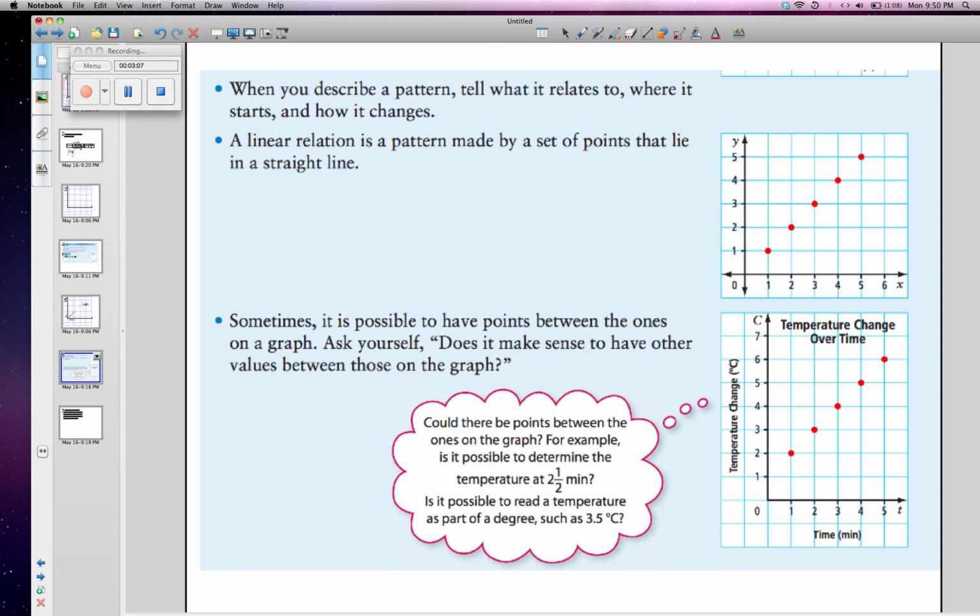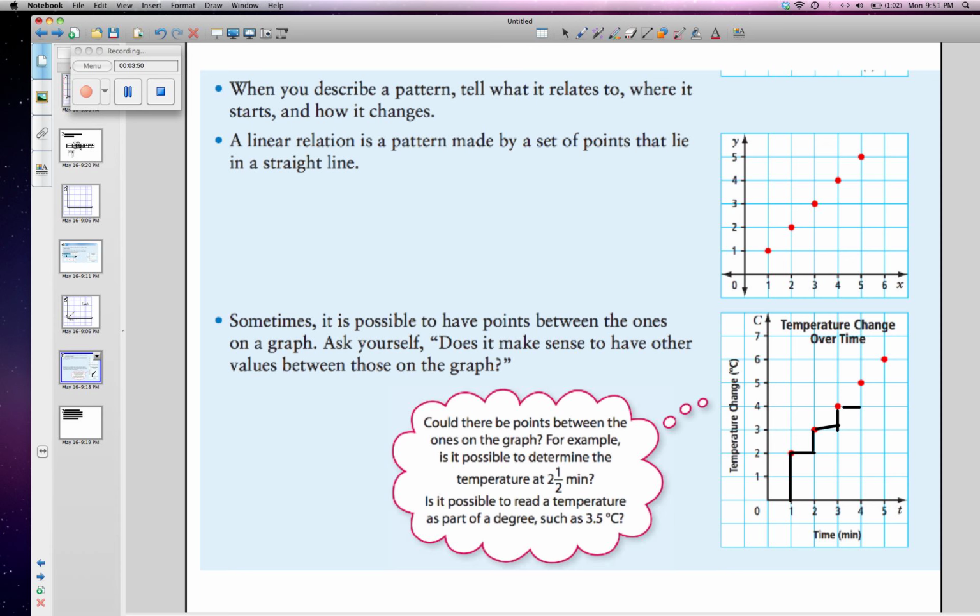But what is this line right here? If I draw a line straight down to the bottom and straight over here, approximately, this would be 1.5 minutes, and this would be 2.5 degrees. Is it possible for the temperature to be 2.5 degrees? Is it possible for the time to be 1.5 minutes? I think in this example it is totally possible, and that is a realistic thing to expect.